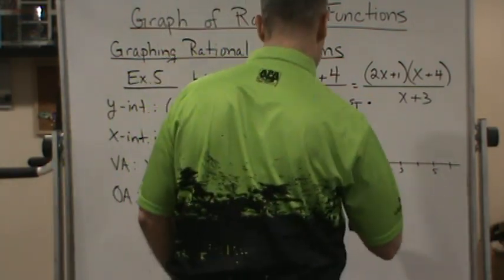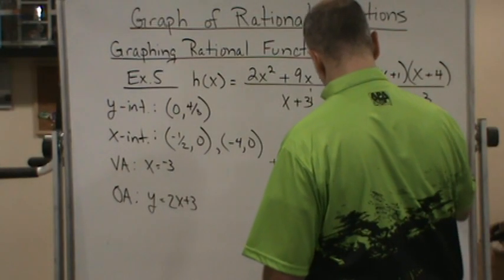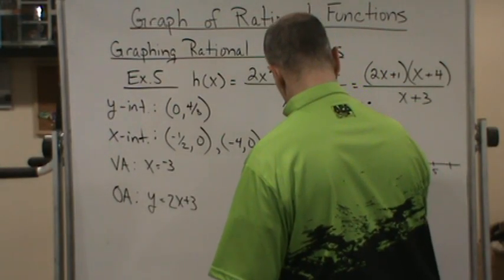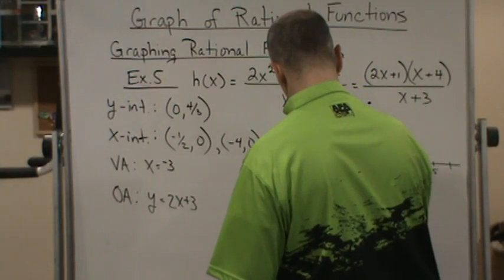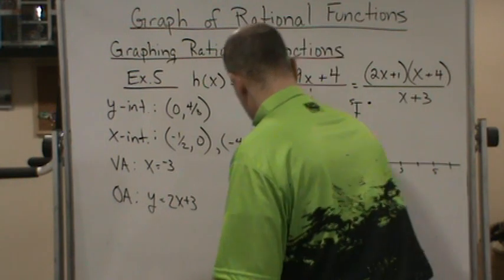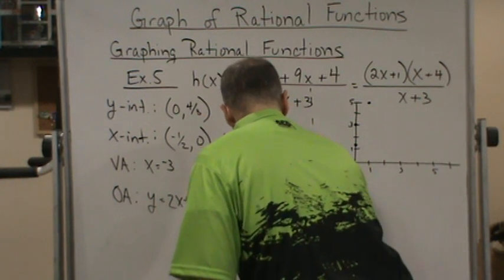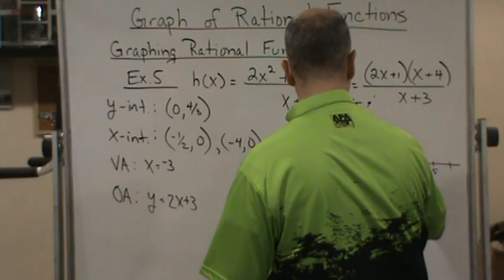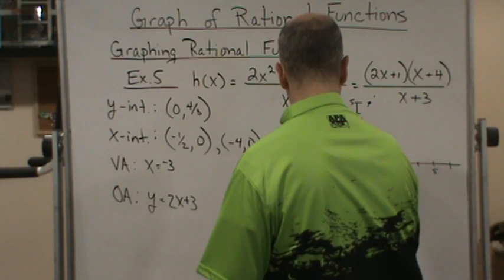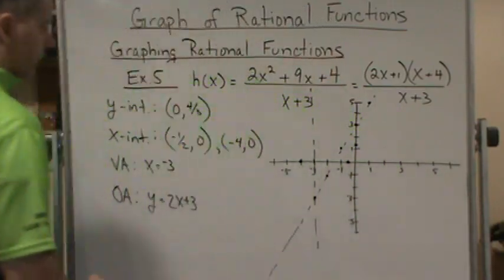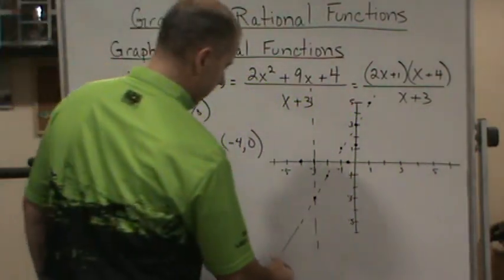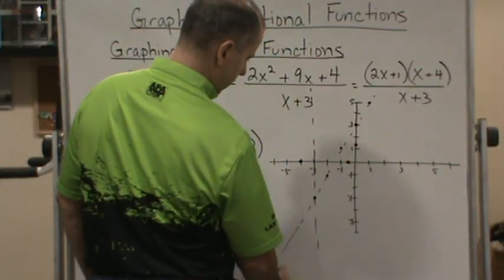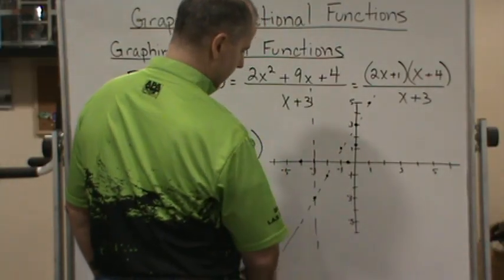Now notice, let me do a better job. Hold on. Like so. So there's the other asymptote, the oblique asymptote.